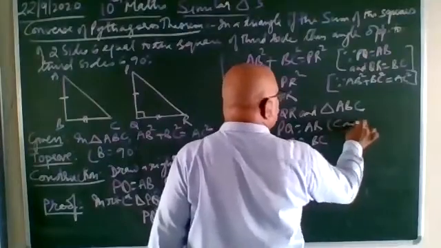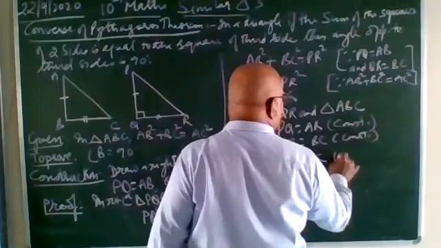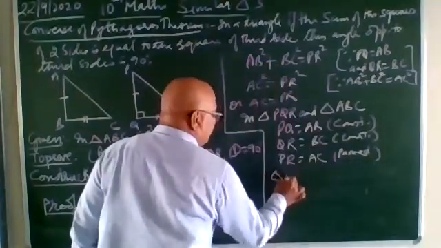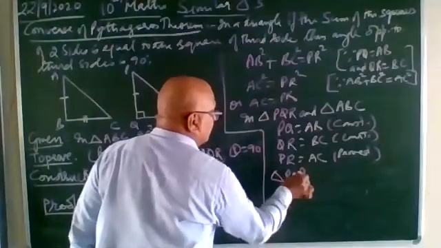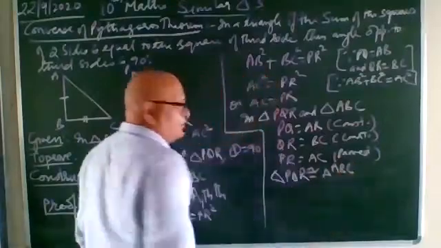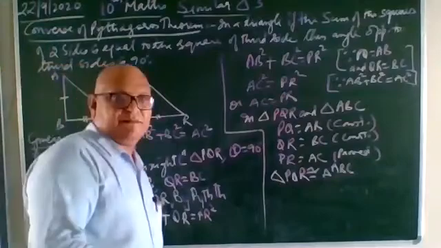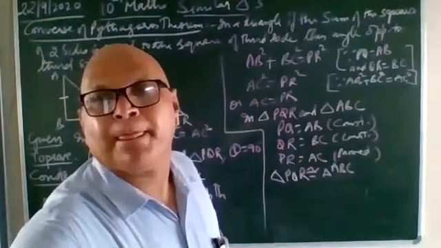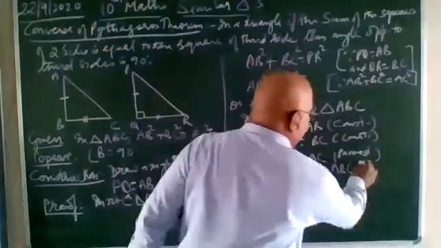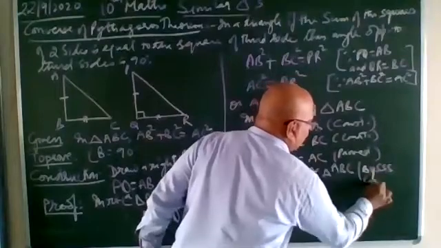This is construction and proof. Triangle PQR congruent to triangle ABC by SSS congruency.